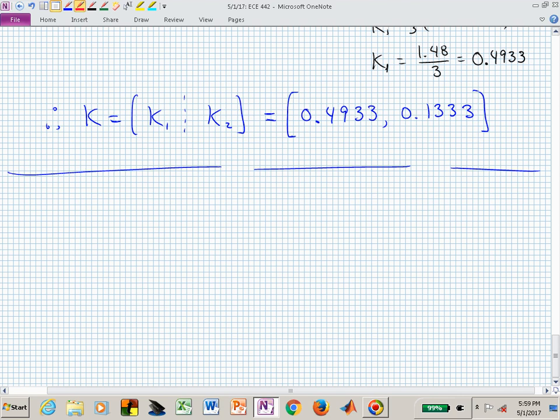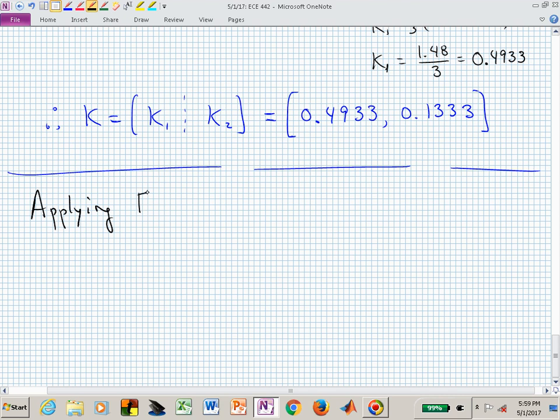Now let's continue with this example. We'll slow it down a little bit, and let's now apply this full state feedback gain matrix to our system and see if we're actually able to achieve the closed loop poles that we wanted.